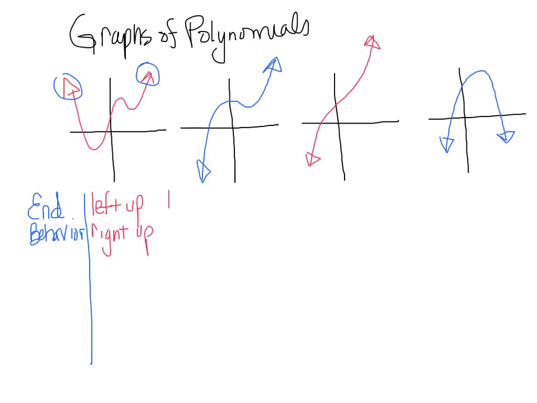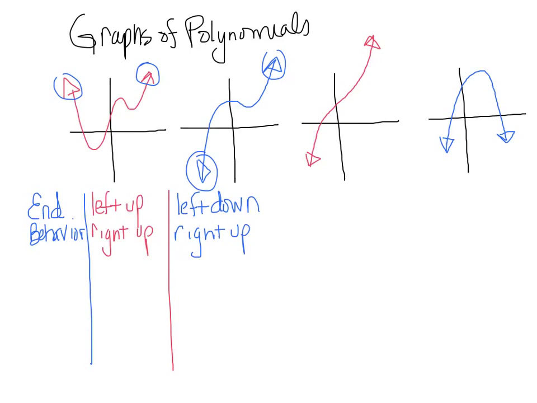Okay, so that's a good answer for that end behavior. That's all you have to say. Then the next one, we could look at that one and say, okay, what's the end behavior? Well, this one on the left is heading down. I look at the other one on the right, and it's going up. So different end behavior than the one before.